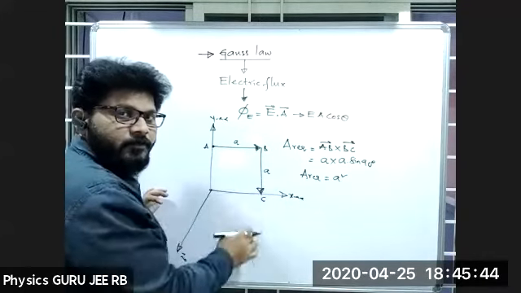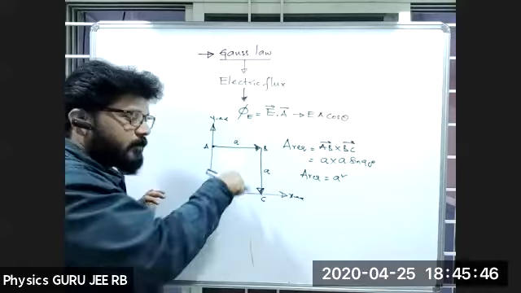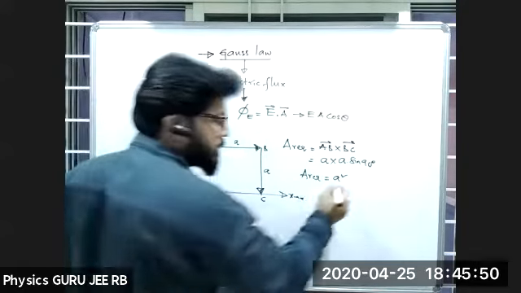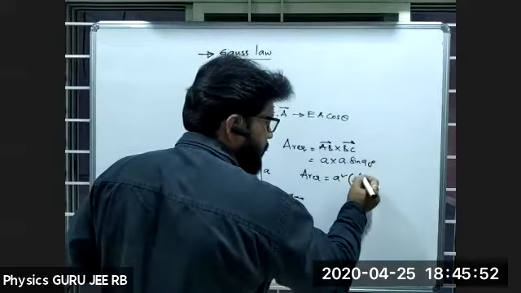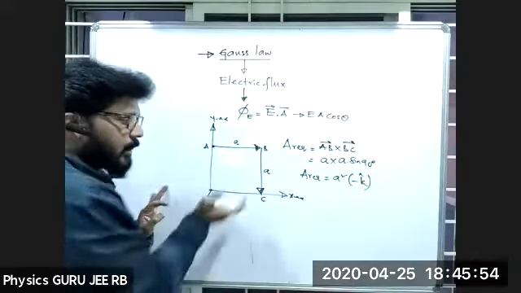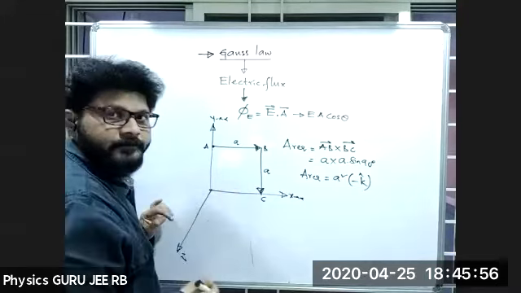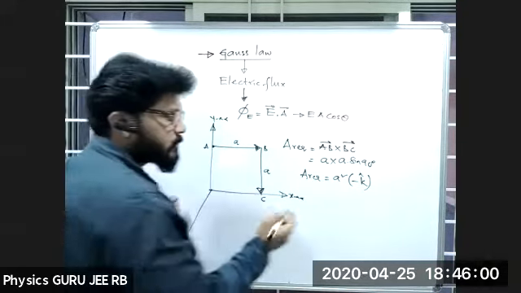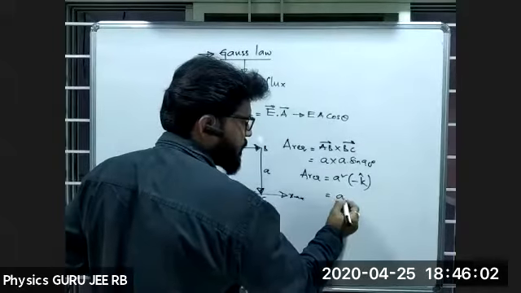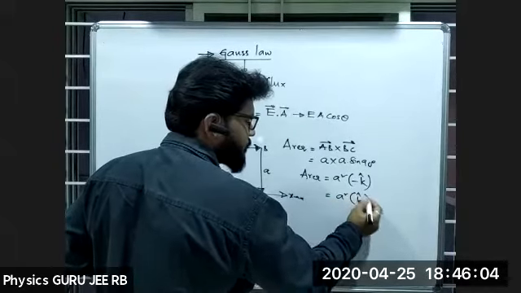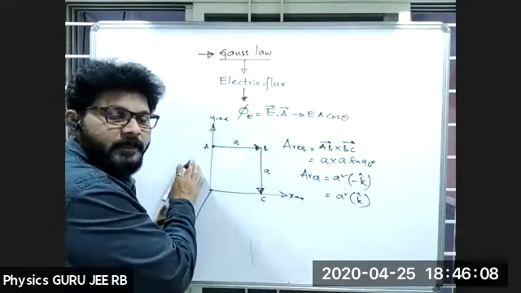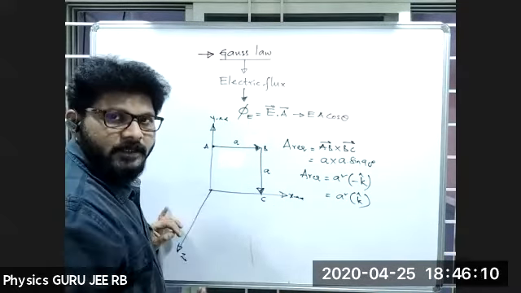A cross B going inside is minus k cap, and going away from it is positive. So area may be A square k cap. If this plate is in the XY plane, then the direction is along the Z direction.